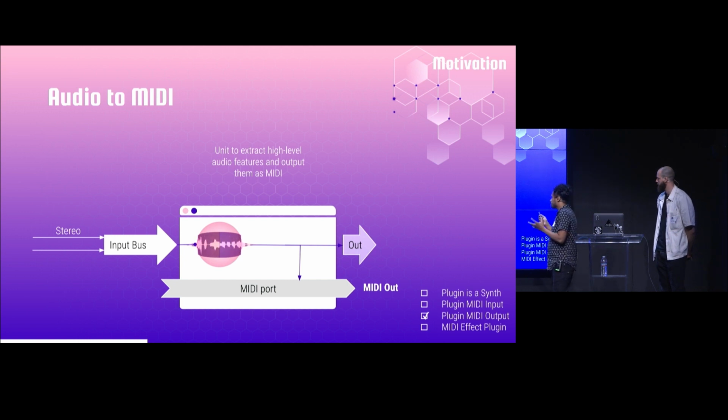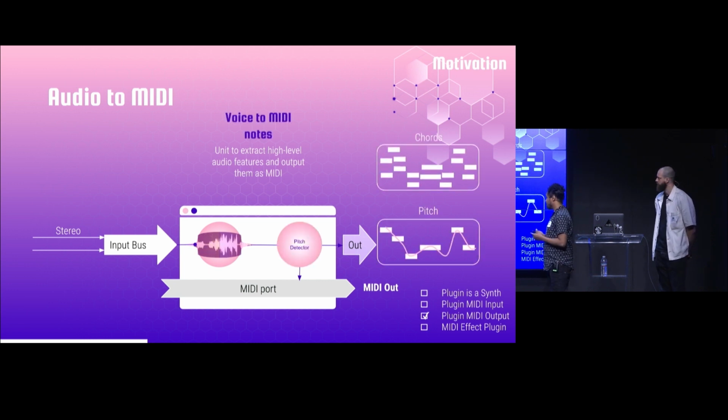So we're trying to build a unit to extract some high-level audio features and output them as MIDI. An example is a simple pitch detector where we can extract the pitch or chords and output them as MIDI in real time.